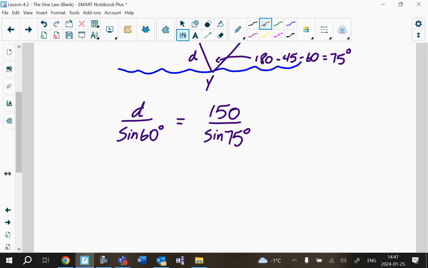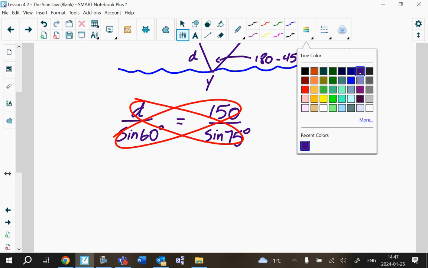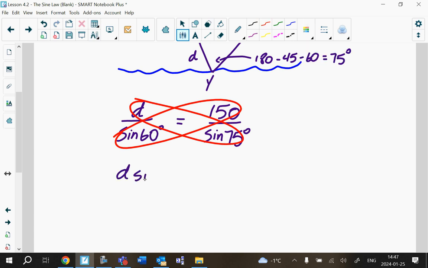So we cross multiply. We get d times the sine of 75 degrees equals 150 times the sine of 60 degrees. Get d by itself by dividing both sides by sine 75 degrees.